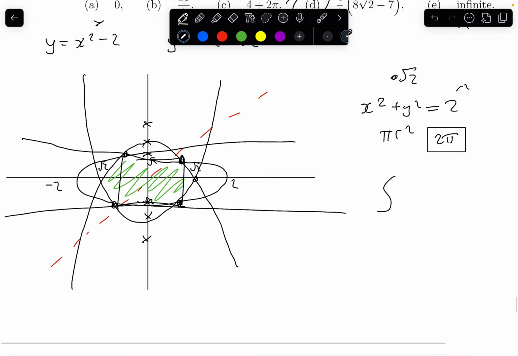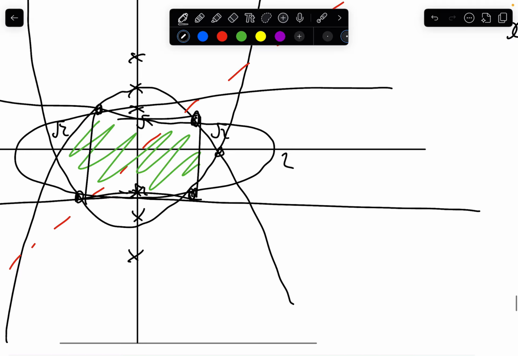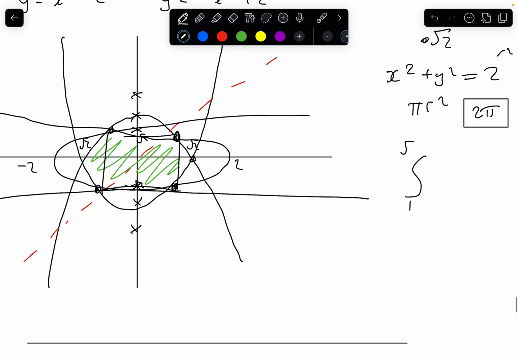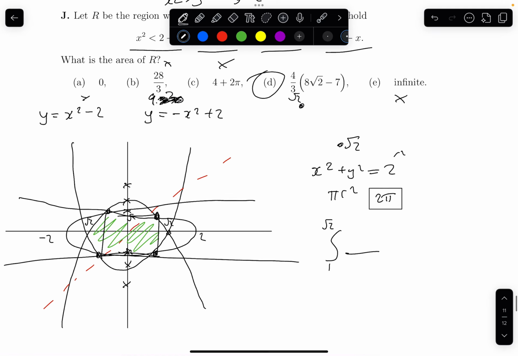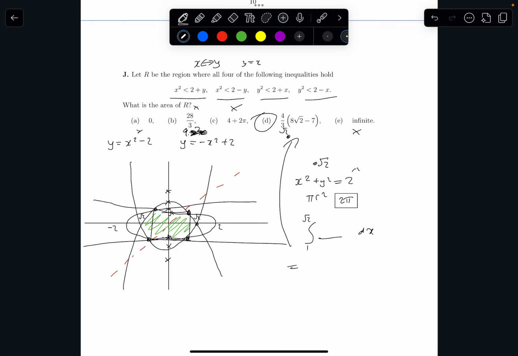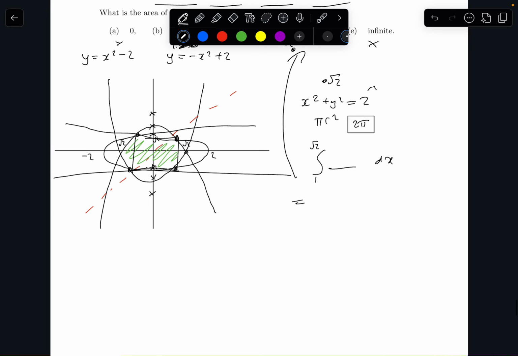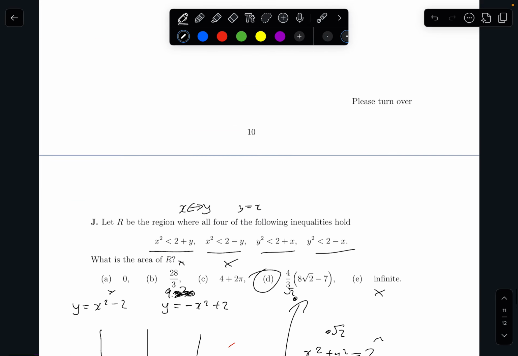Feel free to integrate between 1 and root 2, one of these curves minus the other one, dx. Integrate. Should work out, but that's way too long for a multiple choice question.